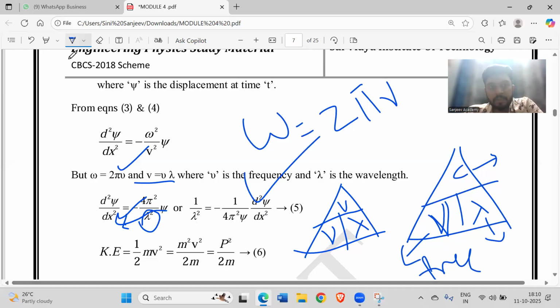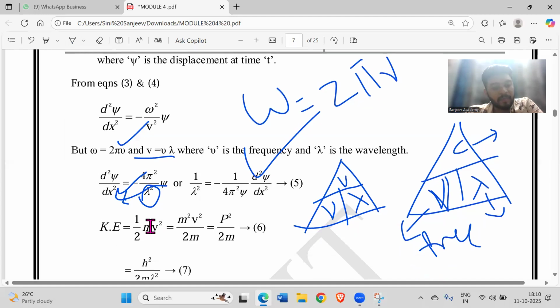Now, one more equation is kinetic energy is half mv square. Correct? Now, what is my momentum P? P is mv. So multiply and divide this equation by m, so m square v square by 2m.